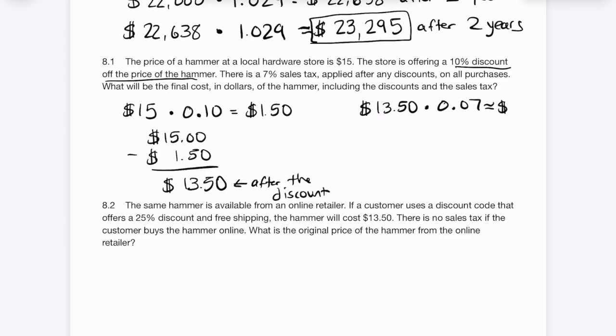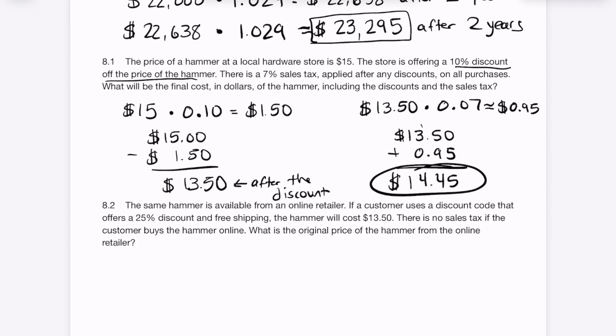That is going to be about 95 cents. It would be 0.945, and the 5 would round the 4 up. So that's about 95 cents. That's, of course, not my final answer. That's just the amount of the increase. So then I can do the $13.50, add the 95 cents, and we'll get the total amount that we're paying is $14.45.